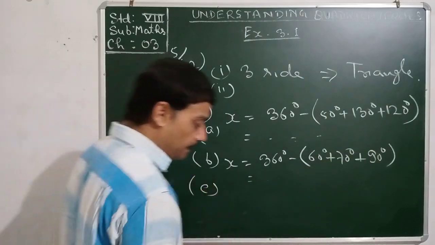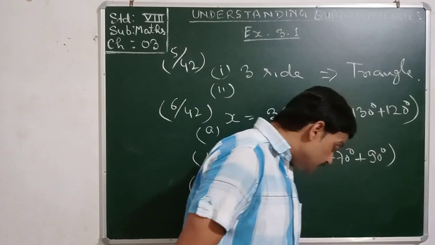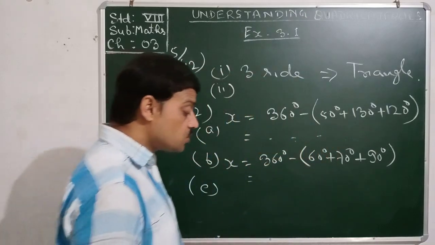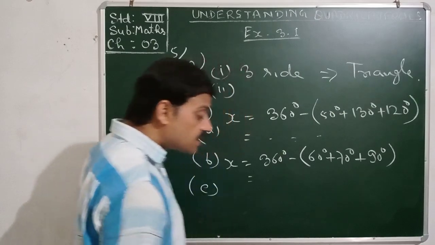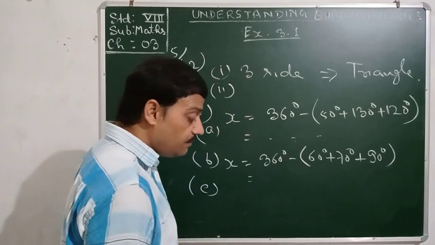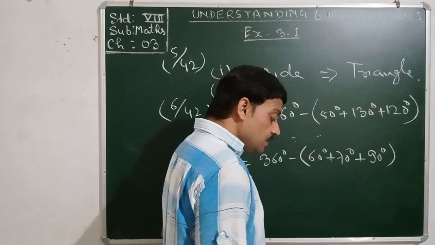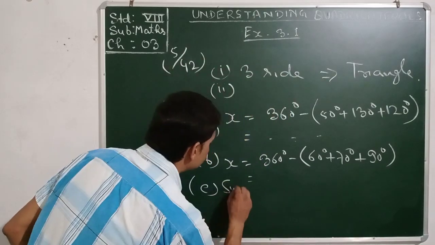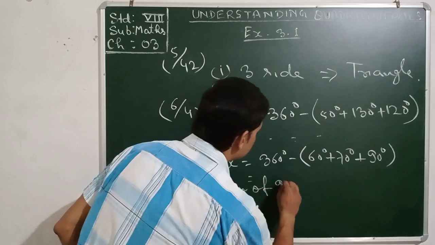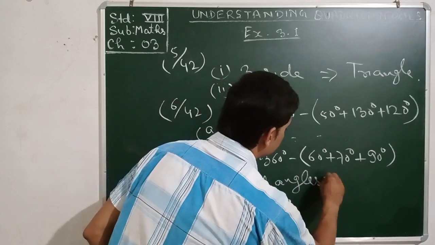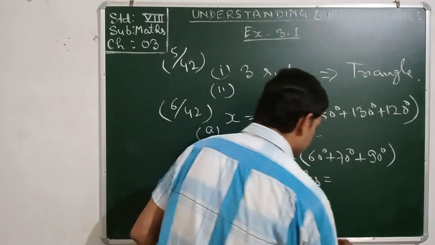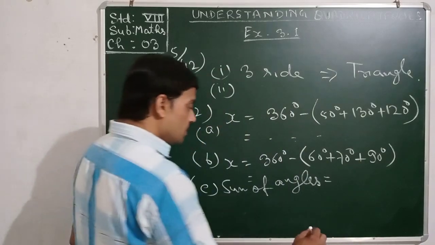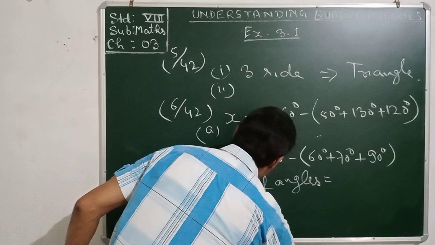In the C number, it is a pentagon. So the sum of angles will be... I think I will lack the space here.